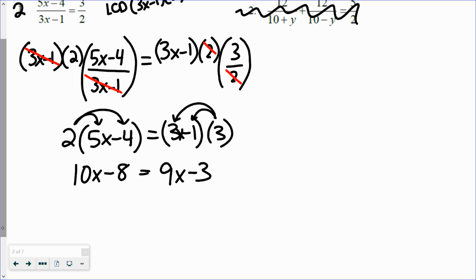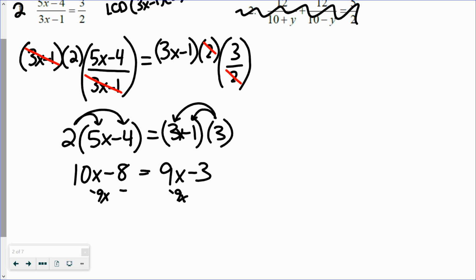And so now what we want to do is pull all our x's on one side of the equation and all our constants onto the other side of the equation. So I'm going to subtract 9x from this side because 9x minus 9x is what we'll want to do. What I do to one side of the equation, I need to do to the other.